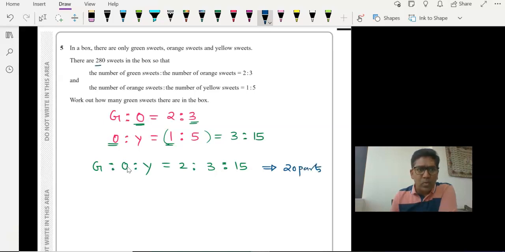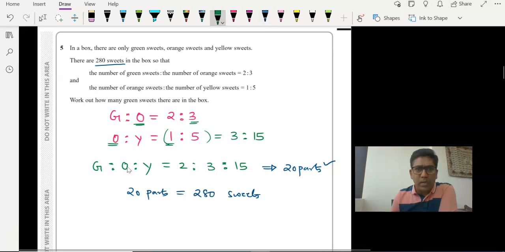And there are 280 sweets in the box, so 20 parts is the same as 280 sweets. When you divide both sides by 20, you will get one part is 14 sweets.